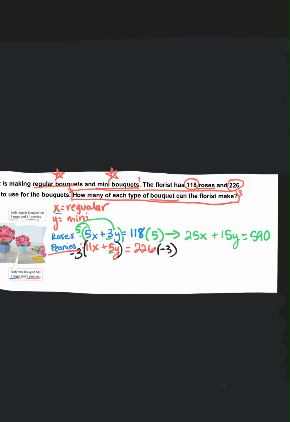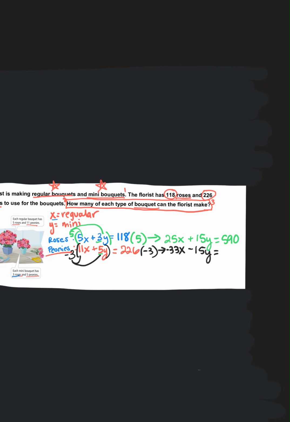And then let's do the second one. So this gives me -3 times 11 is -33x, and -3 times +5y is -15y, equals -3 times 226. And using my calculator, that is negative 678.